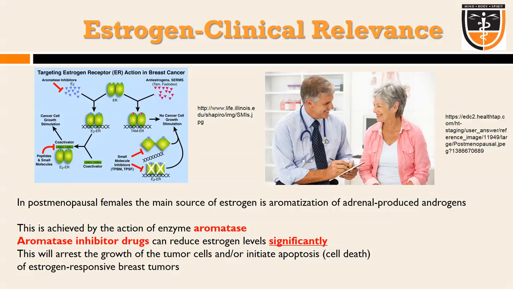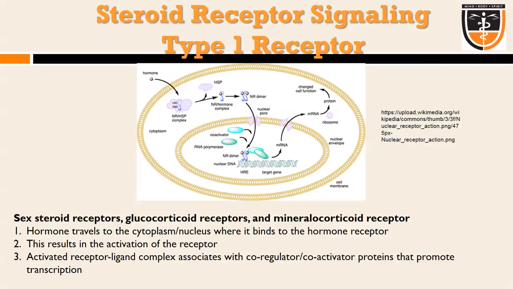This is all an example of this steroid pathway signaling. So again, I just want to review a type 1 steroid signaling process. We have a hormone that will travel to the cytoplasm and nucleus, where it's going to bind to a hormone receptor.